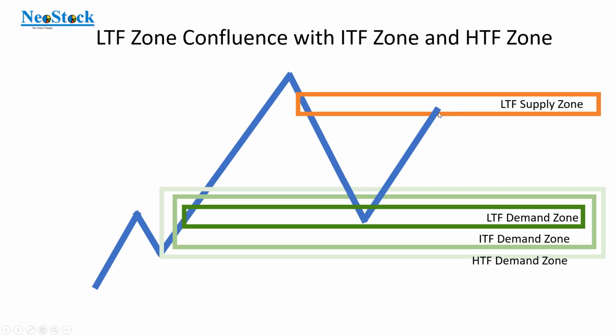Of course, the trend should be supported. If trend is not supported, we don't know how this combination will react. Sometimes it will reach the target, sometimes it will go even to lower time frames and again come down. Sometimes institutions create a new supply zone here and again push the prices, and this entire HTF demand zone will be violated. That is a trend shift scenario.